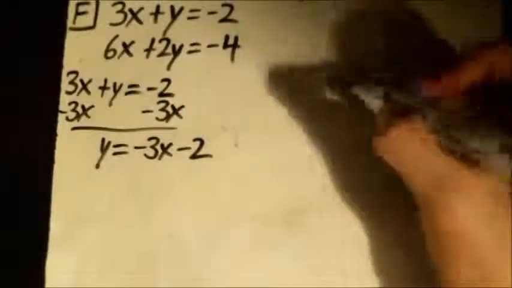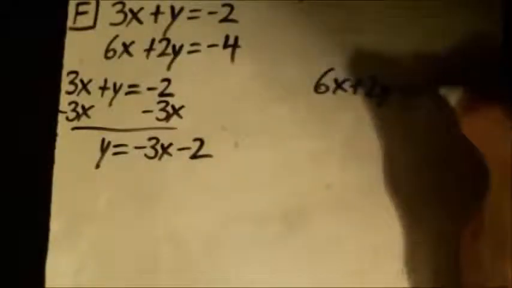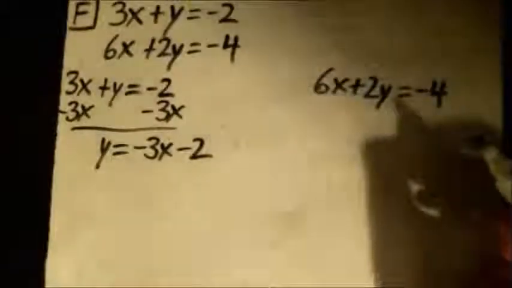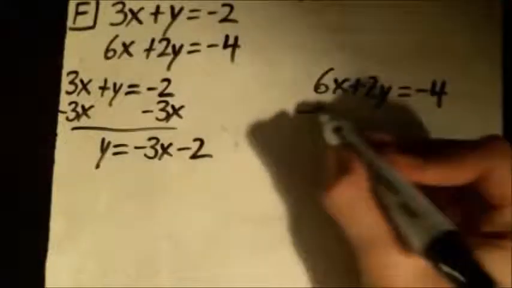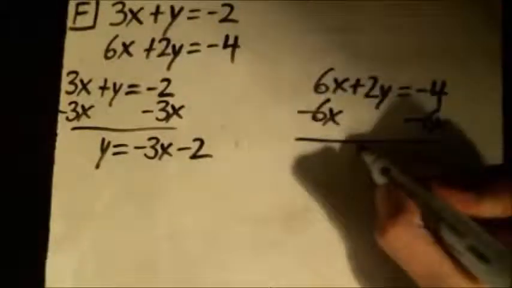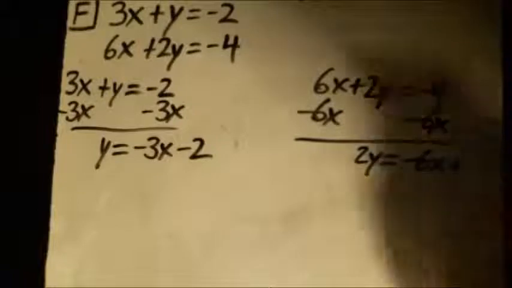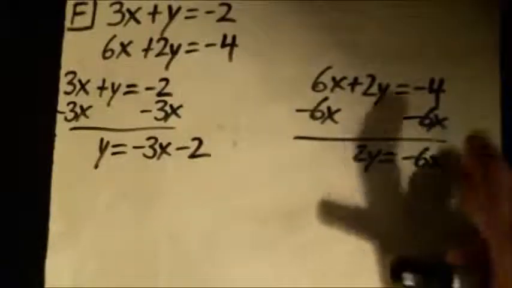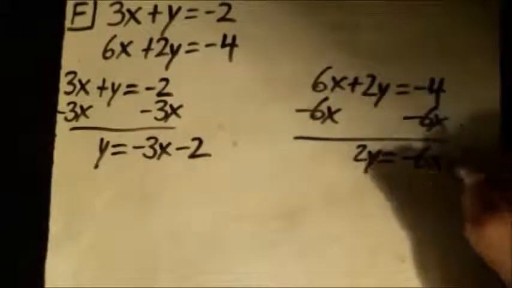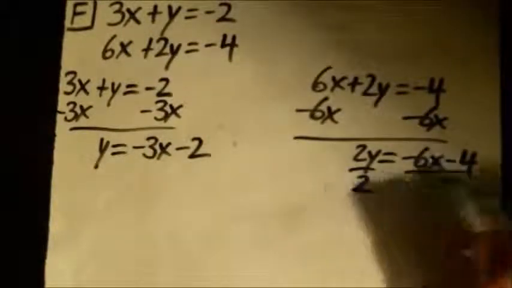And for my bottom line, I have 6x plus 2y equals negative 4. And I'm going to subtract 6x from both sides. So I have 2y equals negative 6x minus 4. And then divide both sides by 2.